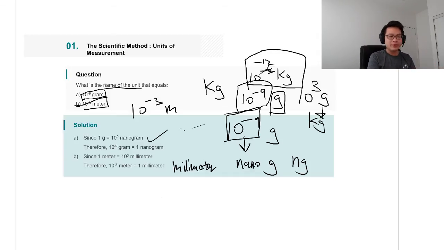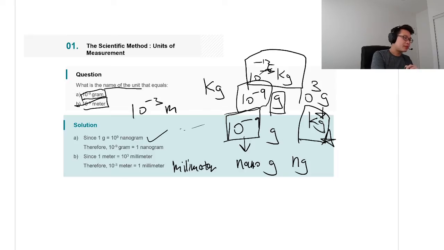But if you pay attention, as I told you, the SI unit is kilogram. In chemistry, the proper SI unit we should use is kilogram. But most of the time when we do chemical reactions, they involve small quantities, so we can use gram, milligram, and sometimes microgram.